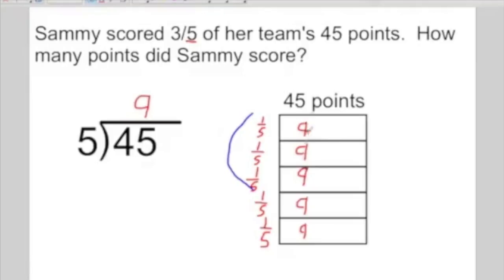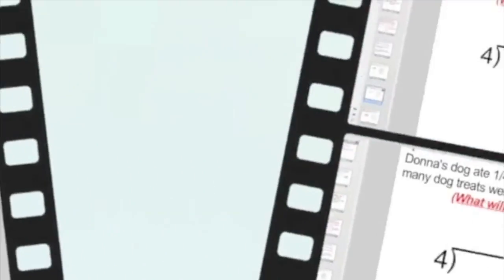And it appears I have 27. So I could have just divided by the denominator and then multiplied by the numerator, right? But they wanted us to draw a diagram, so we are going to do it this way. So, 3/5 of the 45 points, that's going to be 27 points is what she scored. Sammy sounds like a pretty good basketball player.